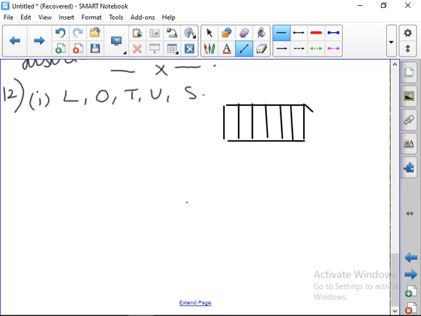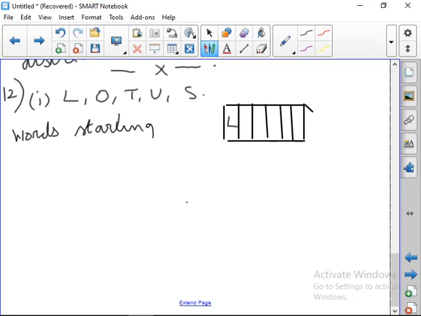So first we will consider starting with L. Okay, starting with L. So this is L. It starts with L. So when it starts with L, words starting with L. So strings is nothing but words only.